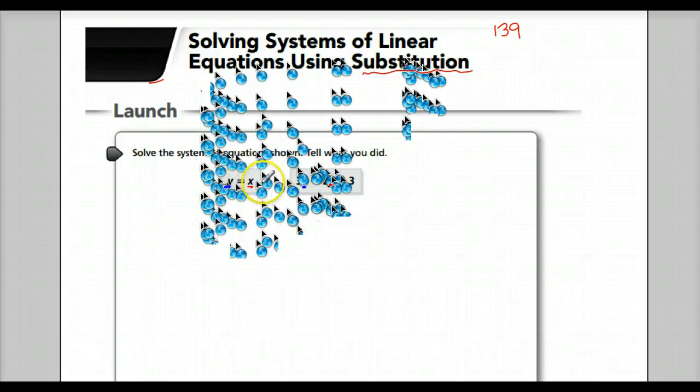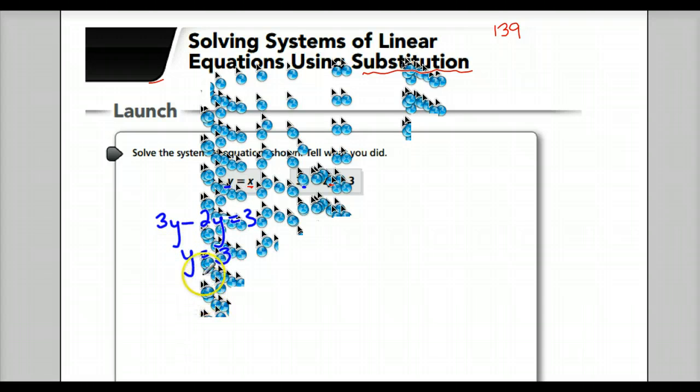And watch, we'll do y in for this x right here. So we get 3y minus 2y equals 3. Well, 3y minus 2y is just y, so y equals 3.